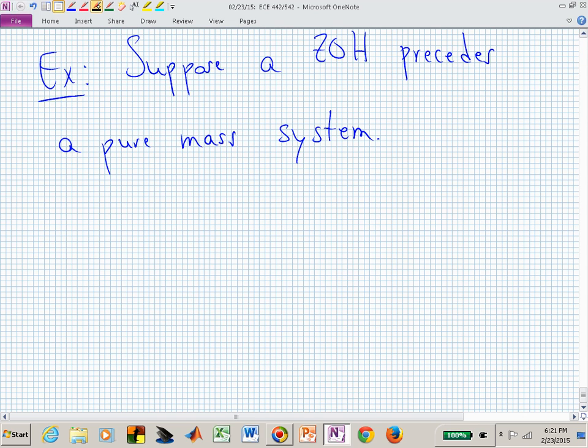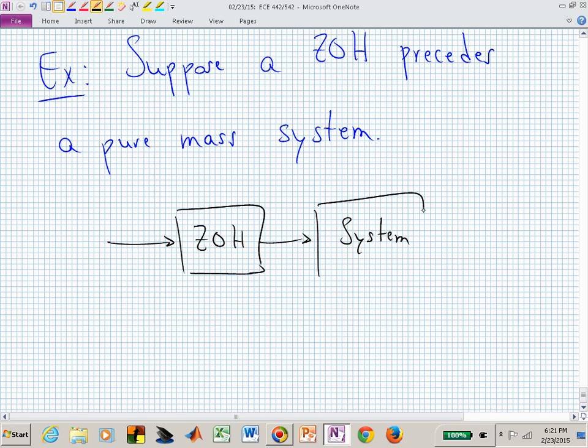What I mean in a block diagram sense is we have this zero order hold and our system is this G of S corresponding to a pure mass, and what we want is to find capital G of Z.